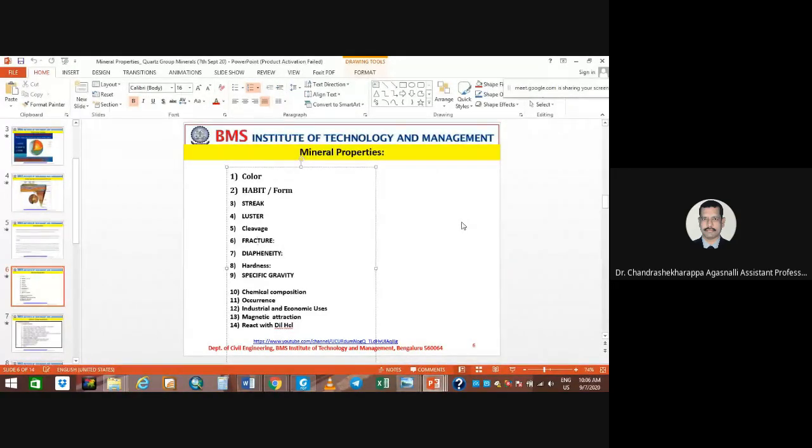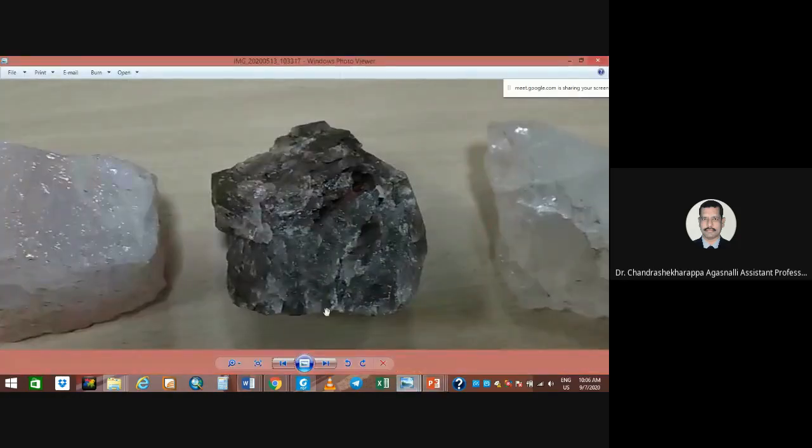So let me show you the different types of fractures. Even fracture means, if the cleavage is perfect in the mineral, let's say for example there is a weaker zone here. If I break this mineral with a hammer, it will break perfectly on these weaker zones. That's called an even fracture.